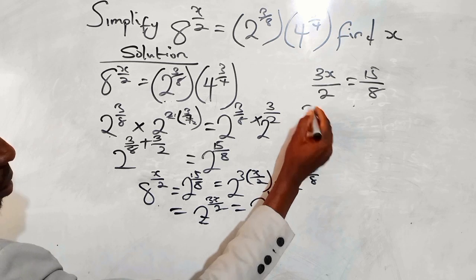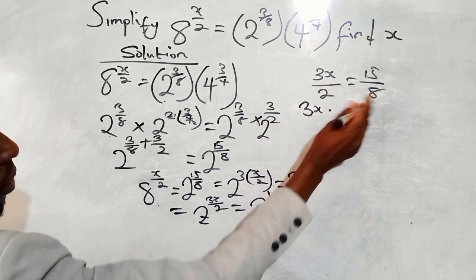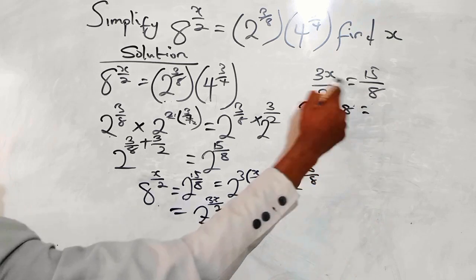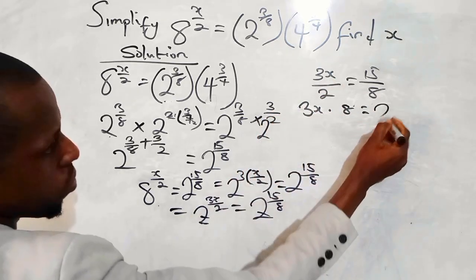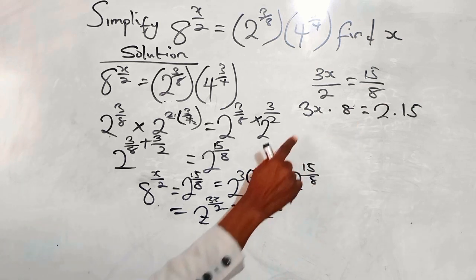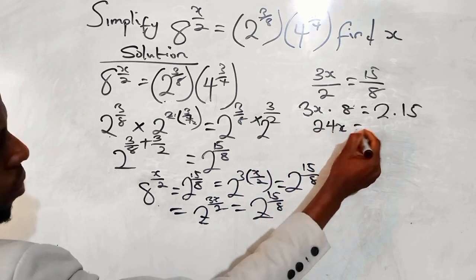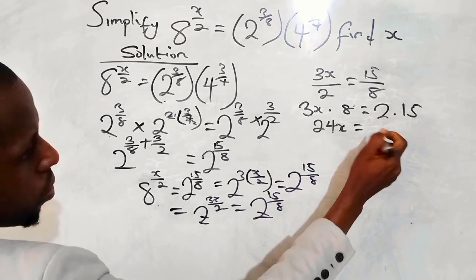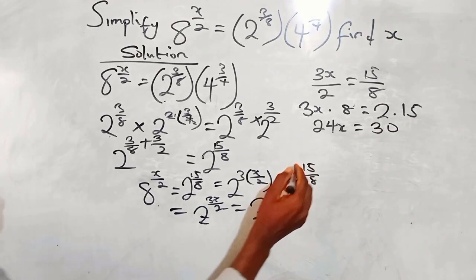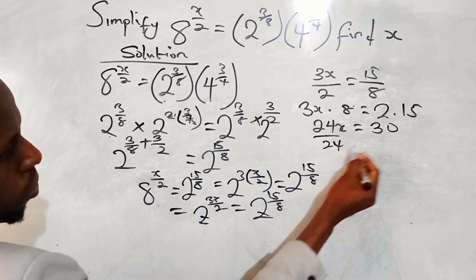We have 3x times 8 equals 2 times 15. So 24x equals 30.